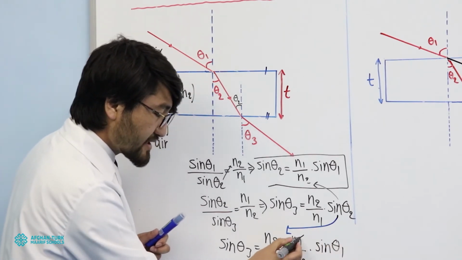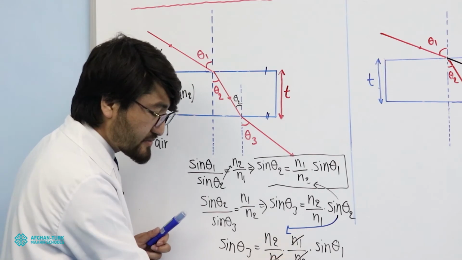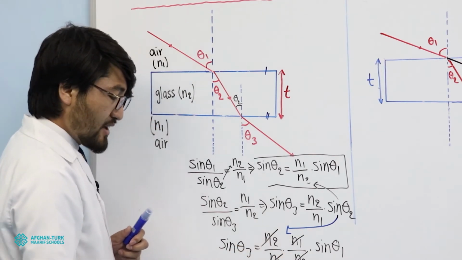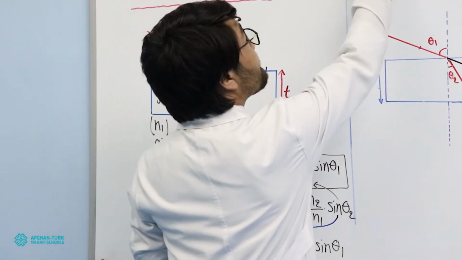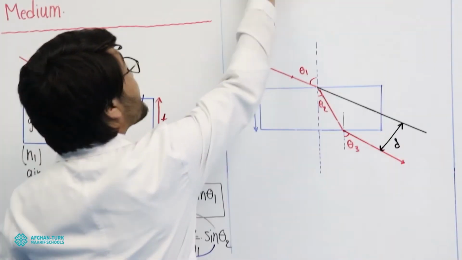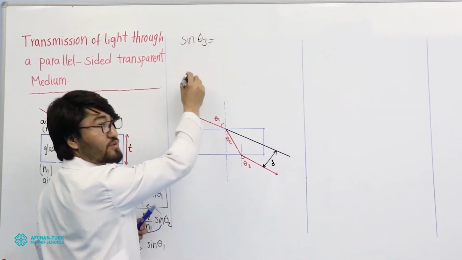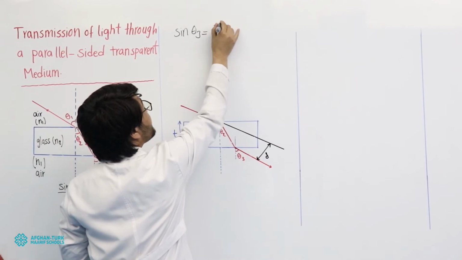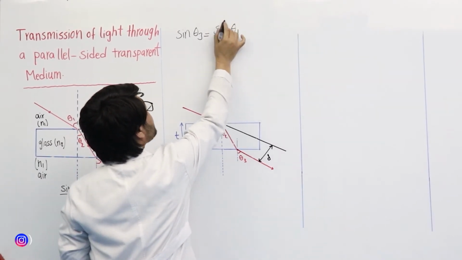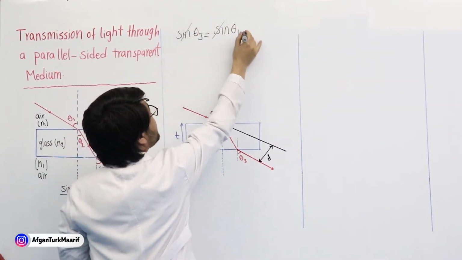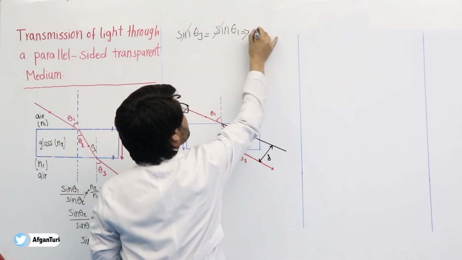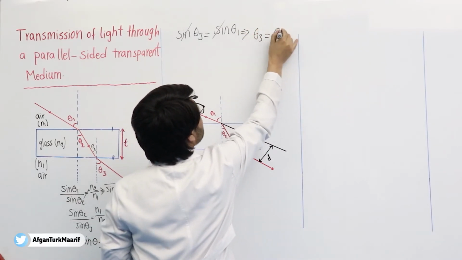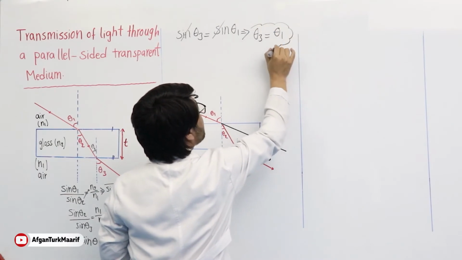We finish this one: N1, N1, N2, N2 cancel. Now here we have sine theta 3 is equal to sine theta 1. We remove sine by sine. Now, theta 3 is equal to theta 1.